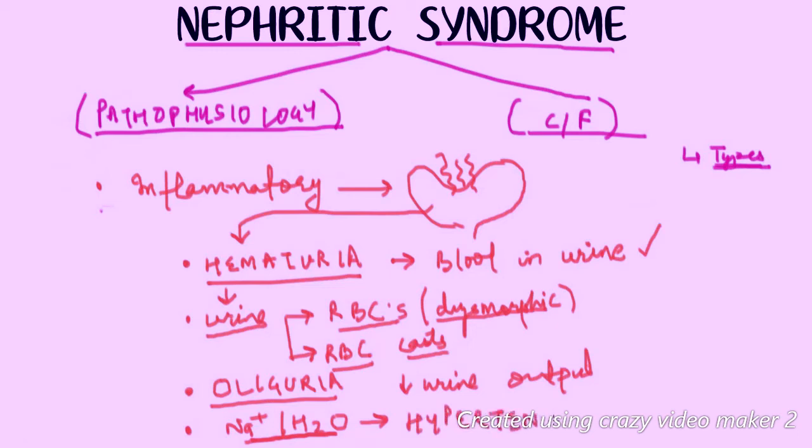Hypertension, that is the increase in BP, is another prominent finding which is found in case of the nephritic syndrome.